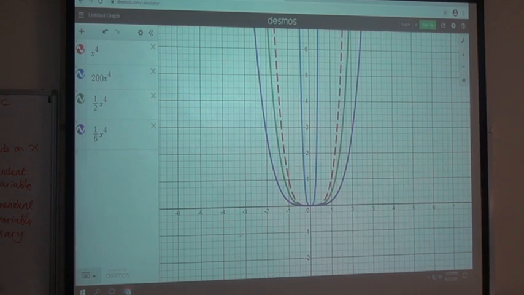You lost me there, because that sentence doesn't really make sense to me. Just the size of it, x to the power 4. No, no, no. What is the significance of A?